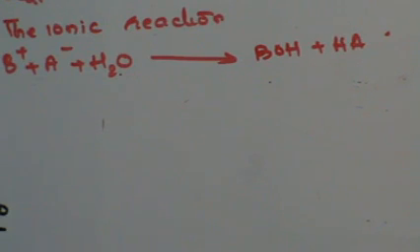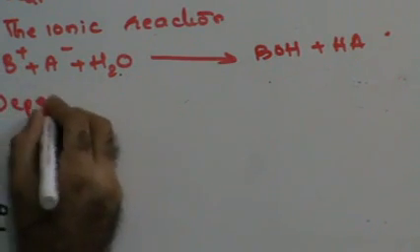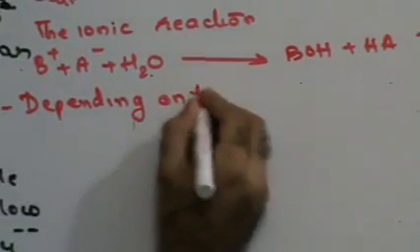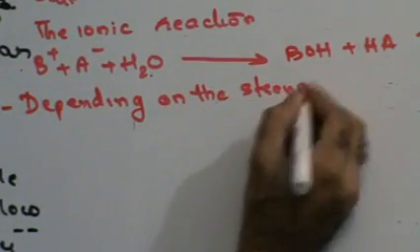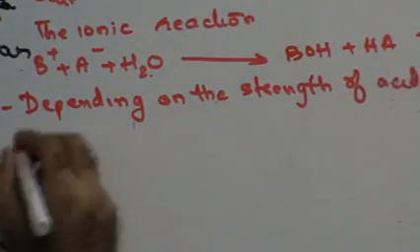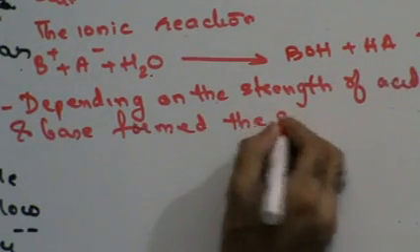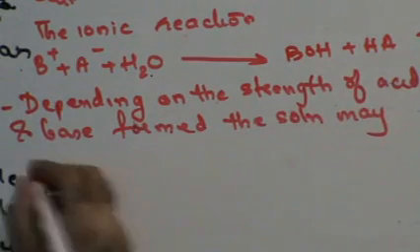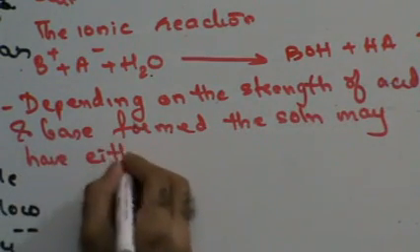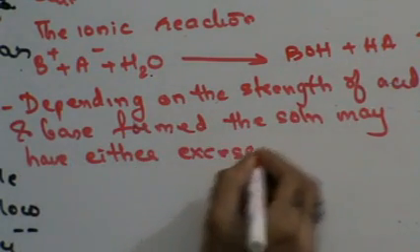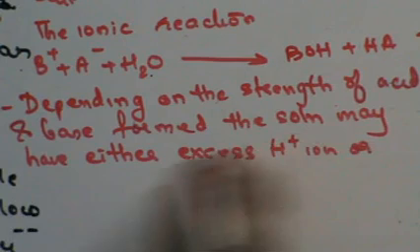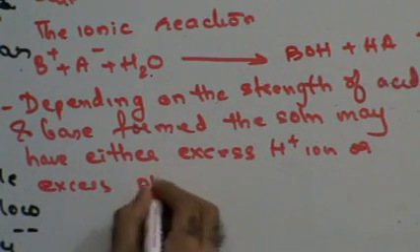Now, depending upon the strength of the acid and the base that is formed, the solution may have either excess H+ ions or excess OH- ions.